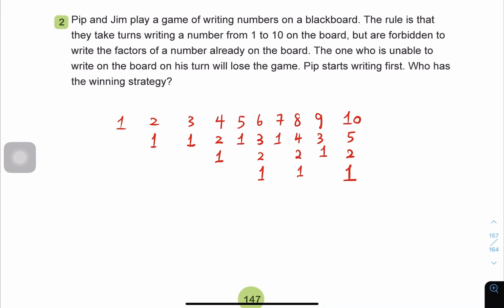Now, the number of factors is what is determining the win or lose of this game, right? So I can use the number of factors of each number to construct a symmetry. Now we can see that I have 3 of 4 factors, 2 of 3 factors, and 4 of 2 factors, with only 1 with 1 factor, right?